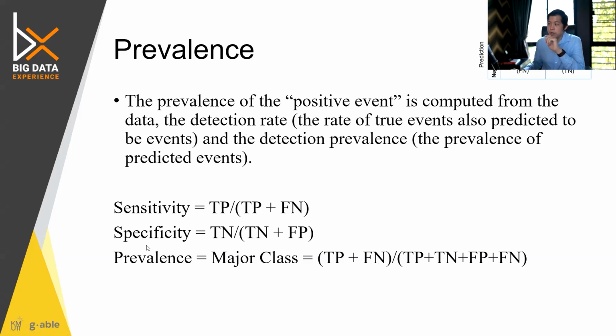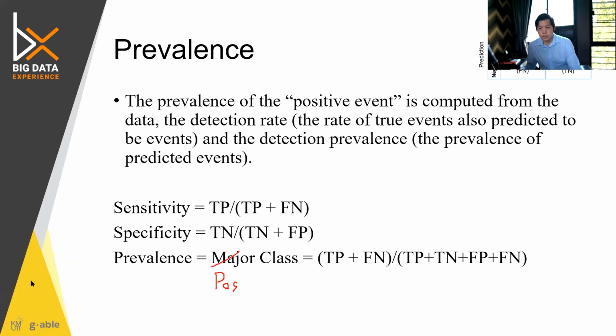Yeah, it's the detection rate, the rate of true events. Then this should be the positive class that you want to detect, and that comes from true positive plus false negative, which is actually positive, divided by the whole. Okay, this is prevalence.